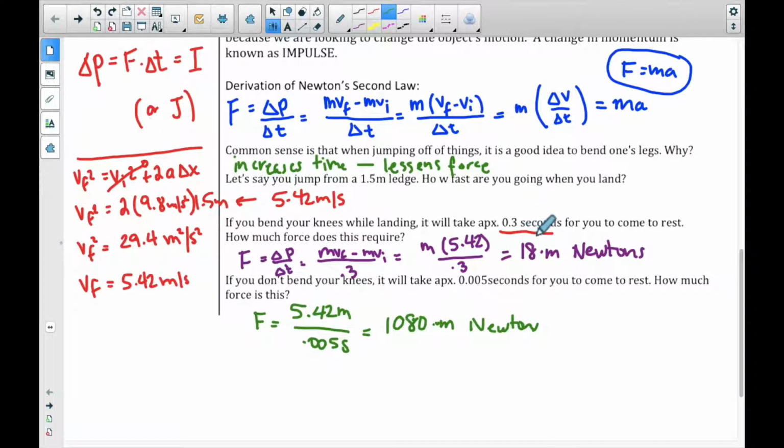In any case, if you are bending your knees, you are lessening the force by a factor of 60. It is 60 times less force if you bend your knees compared to if you don't. That's a huge deal. That is impulse. Impulse is related to how much time is going on, and the time is what's going to affect the force and the magnitude of what's happening.